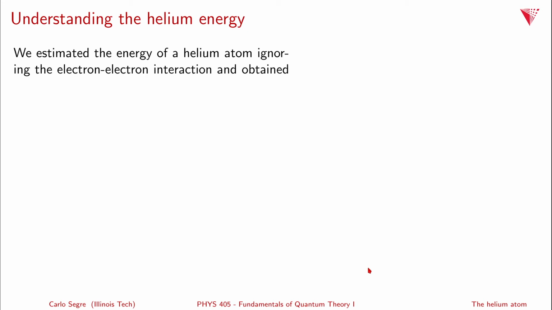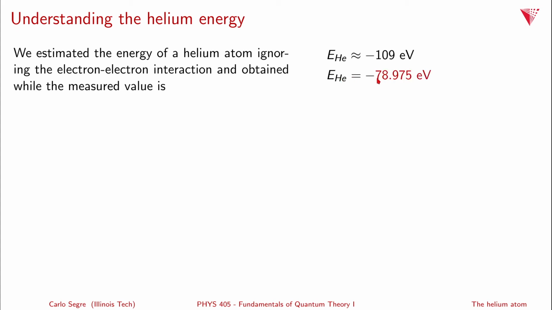So if we ignored the electron-electron interaction, we obtained that the energy of the helium atom is about minus 109 eV, while the measured value is really minus 78.975 electron volts.